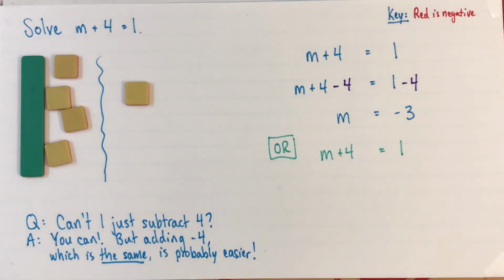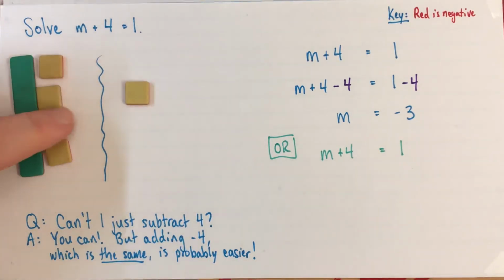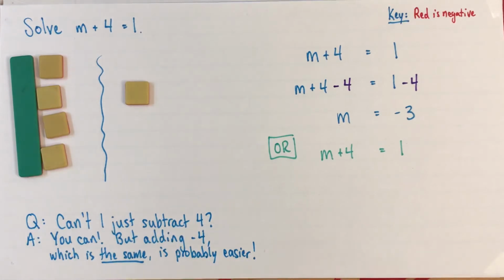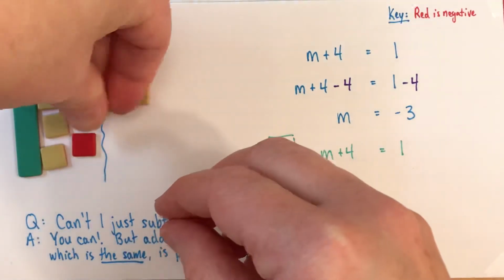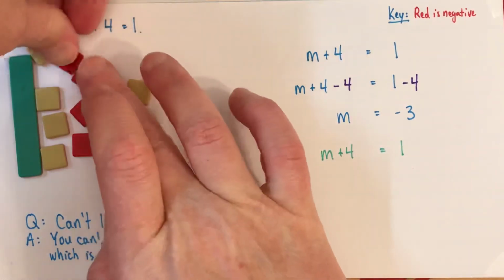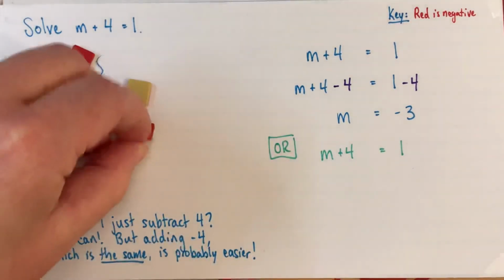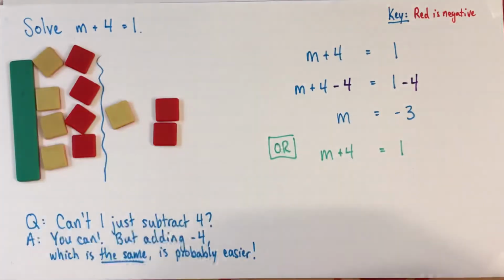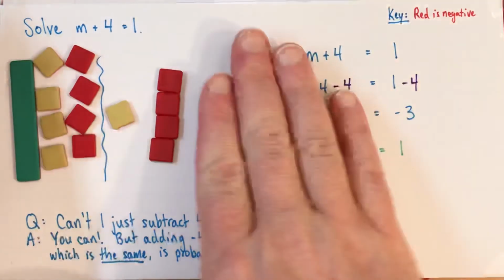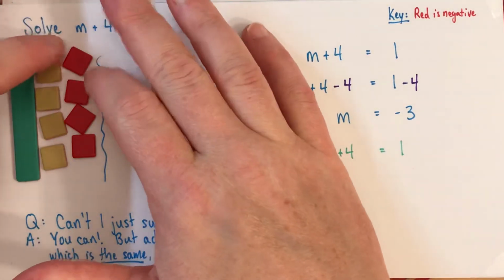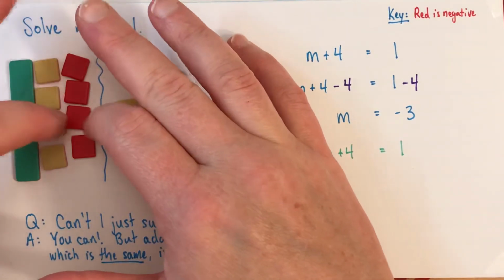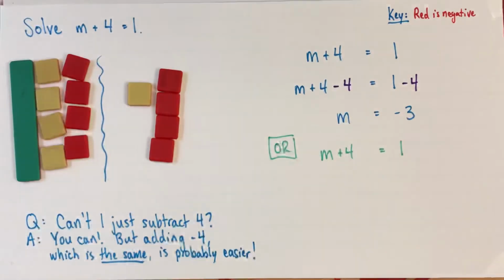So if you're not a big fan of subtracting when you need to put 0 pairs on first, you can remember that subtracting 4 is always exactly the same as adding negative 4. So what I'm going to do is put negative 4 over here, and then I'll put negative 4 right away before I forget on the other side. There. I'll make sure I'm nicely organized on either side of my equals line.